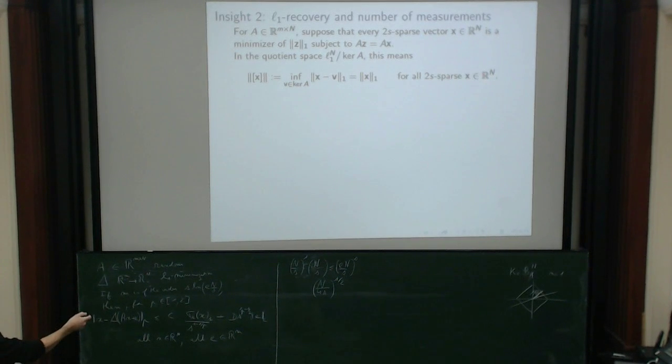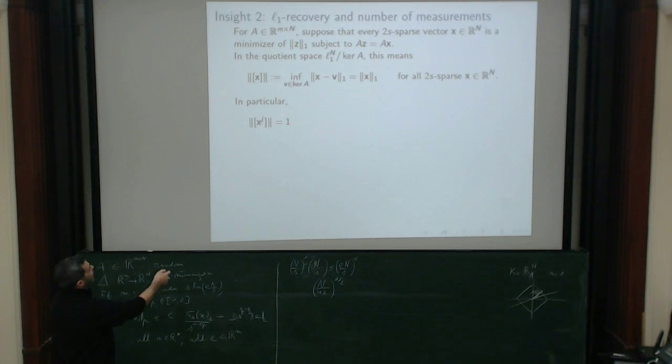If X is 2s-sparse, it's simply the L1 norm of X. Because if V is in the null space, you apply A, you have the same measurement: AX minus AV, which is 0. So it has the same measurement as X, but X is a minimizer among all vectors with this measurement. So this infimum is in fact the norm of X. That's true for all 2s-sparse vectors.